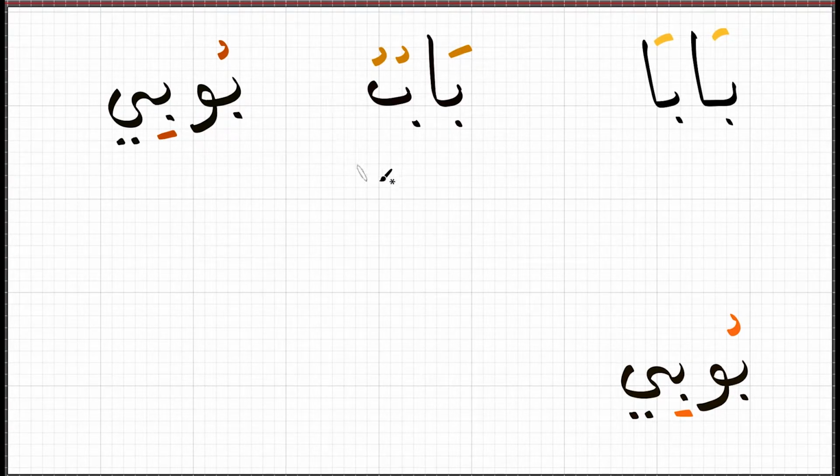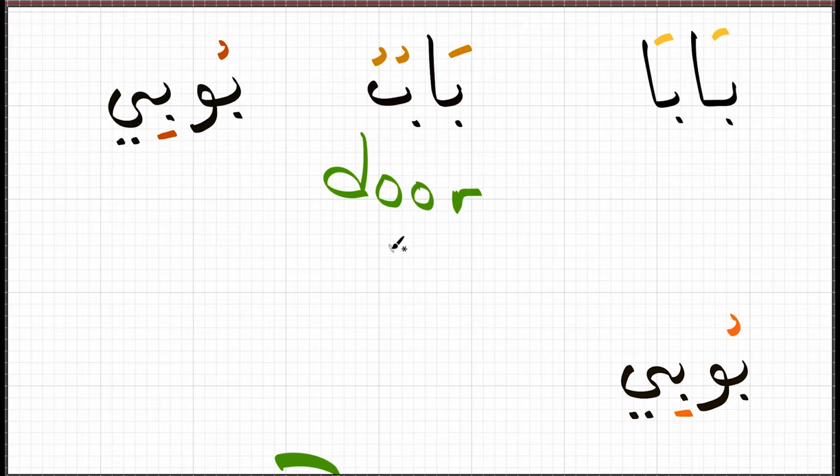Remember, by the way, thank you for reminding me here actually. Babun is a door. While we are doing this, I would love you, girls, to write down the meaning of the Arabic words. Not only are we going to learn how to read and write Arabic, but also to understand it. For example, babun in Arabic is a door.